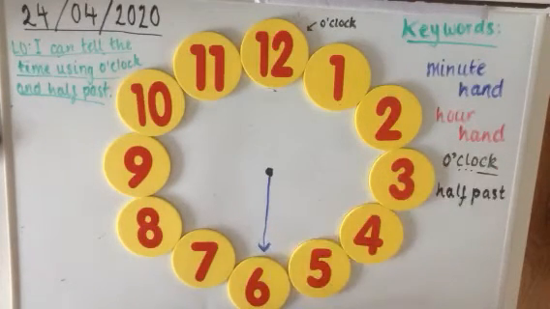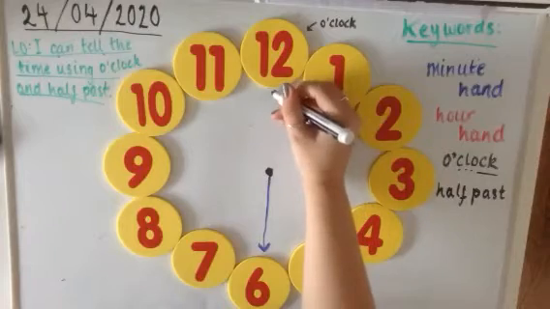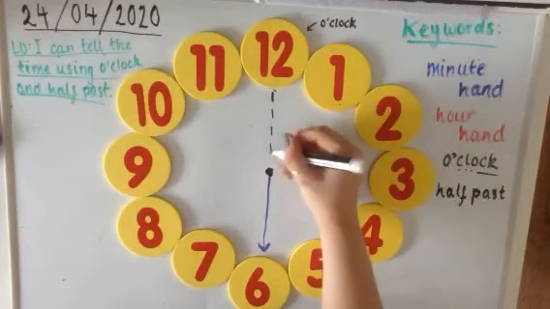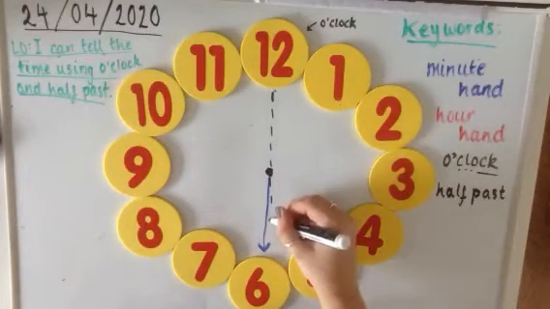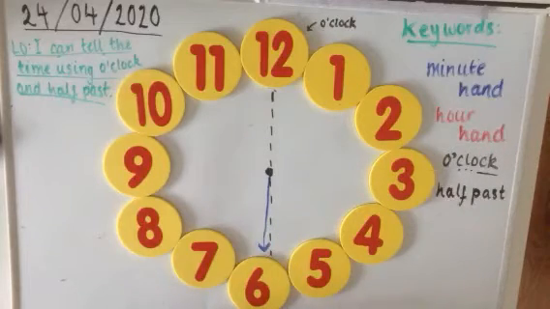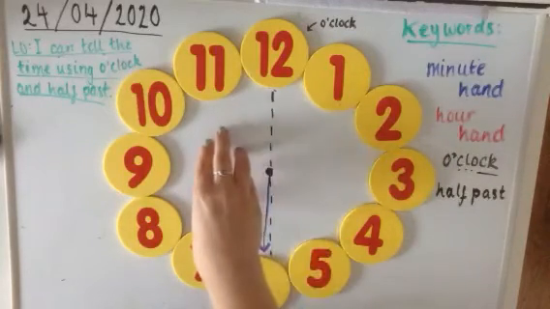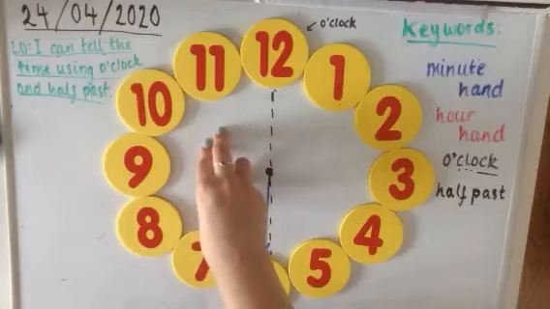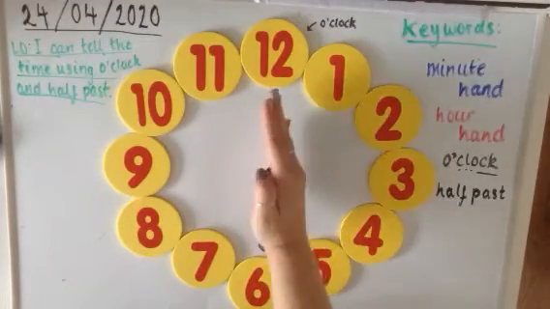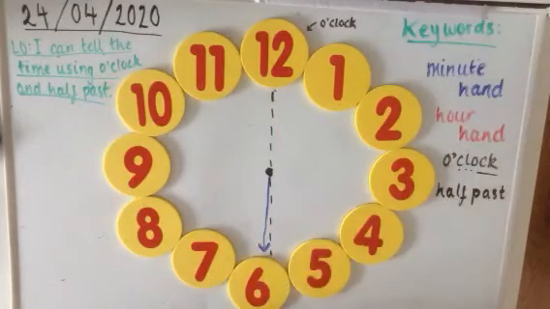Okay, now this is because if we were to imagine this is our clock and we split it into two parts, we have one part and two parts, okay, that make up a whole. This is our first half.